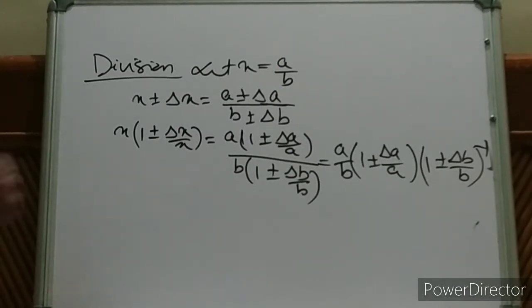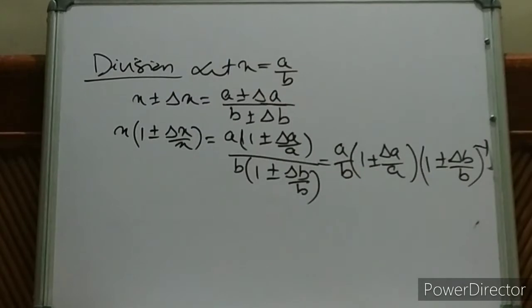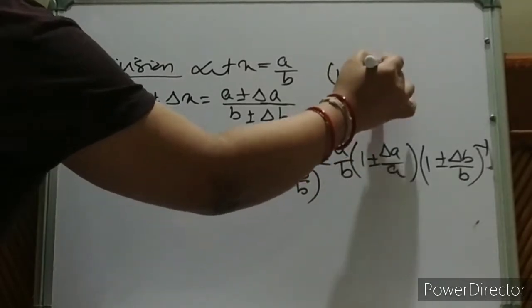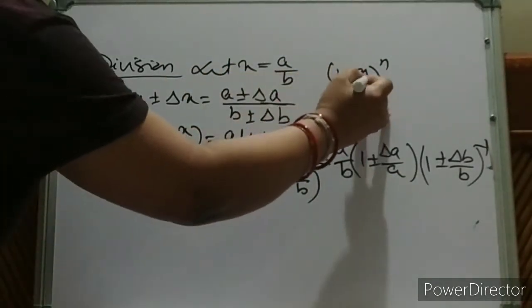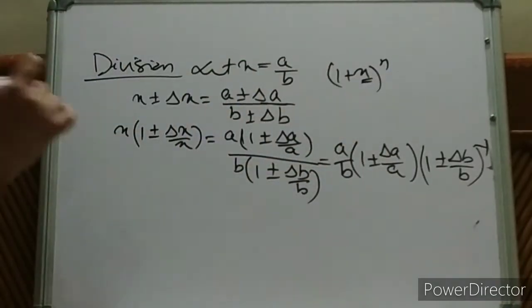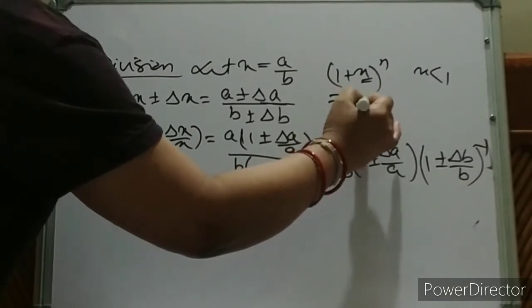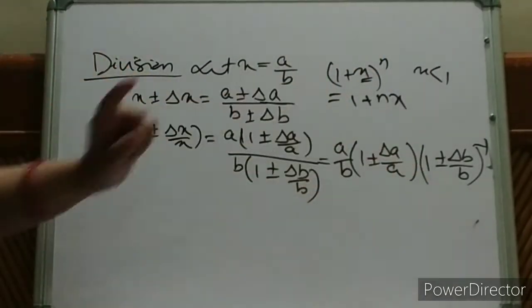Now we'll expand this using binomial expansion. What is the formula? We'll use (1 plus x) to the power n. We use binomial expansion when this quantity is very small, that means x is less than 1, so this will be 1 plus nx. So here also we'll use this.